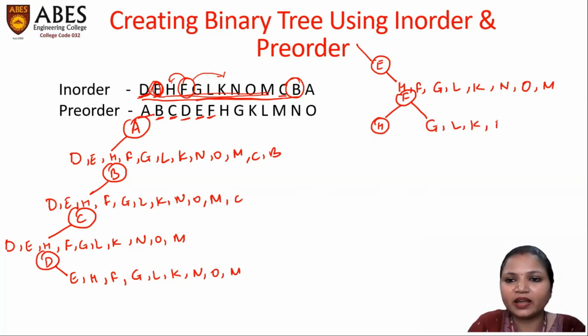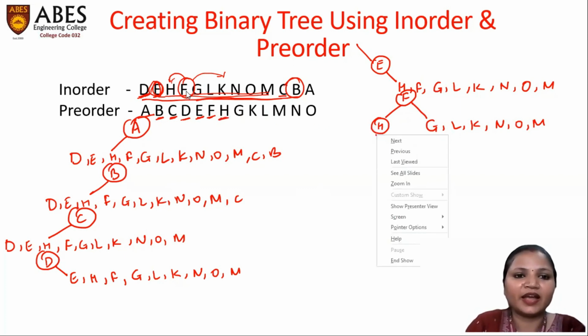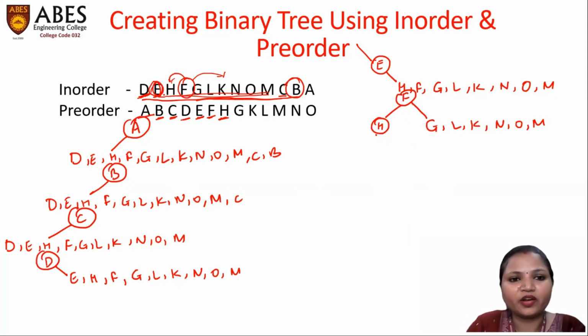G, L, K, N, O, M. Fine. Now the next element to be traversed is H. H comes over here. E and F have already been traversed. Okay, fine. So we will move back to the next element.